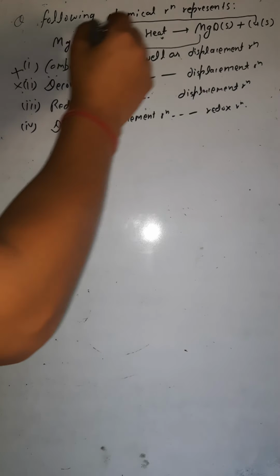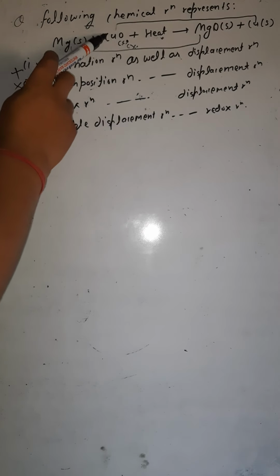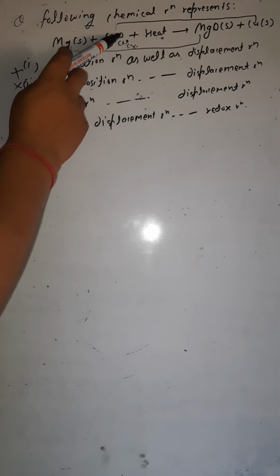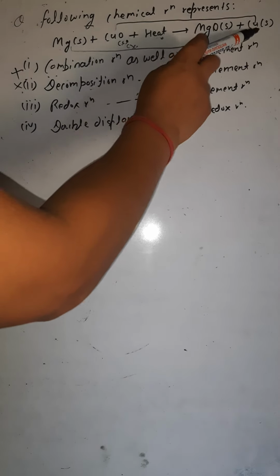Now if you see copper, earlier the copper had oxygen, but here you can see copper is alone. Now no oxygen is there. So copper oxide is losing oxygen. If there is loss of oxygen, then reduction is taking place here. Look here, in CuO earlier there was oxygen, now no oxygen is there.